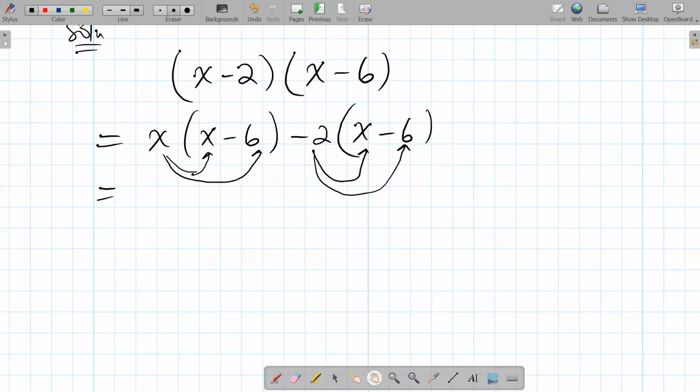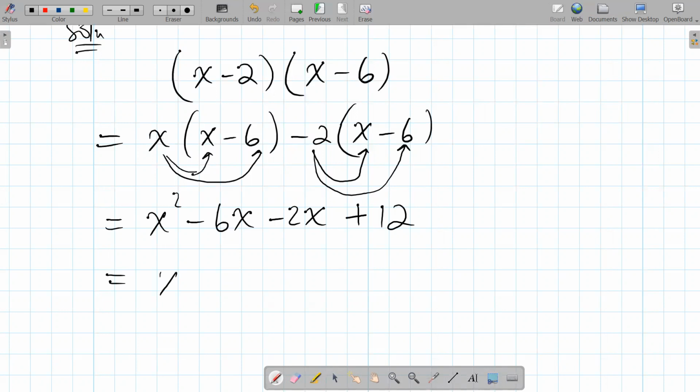So just multiply, and we should be all set. X times x is x squared. X times negative 6 is negative 6x. Negative 2 times x is negative 2x. Negative and negative is plus. 2 by 6 is 12.